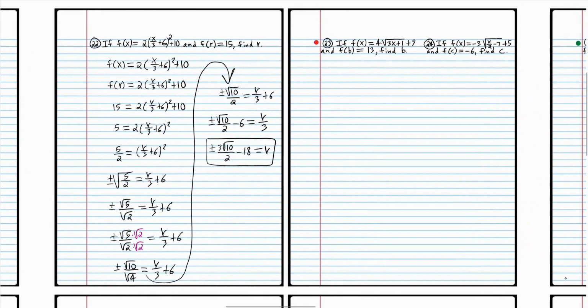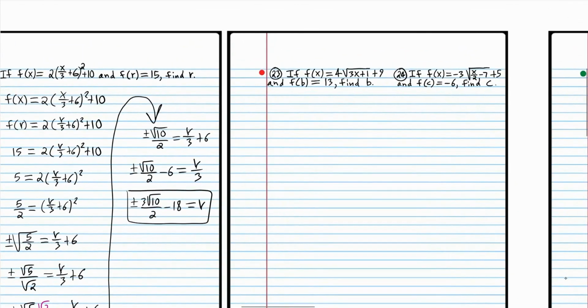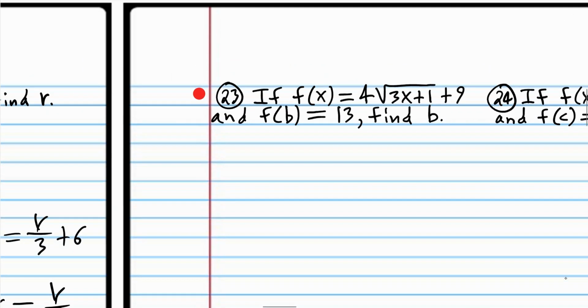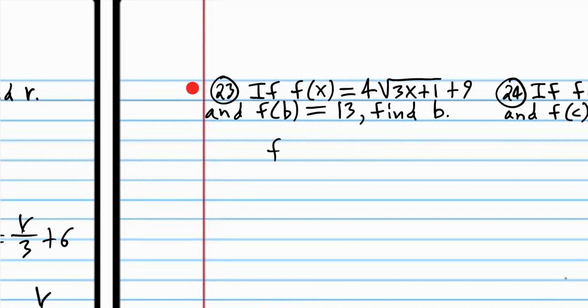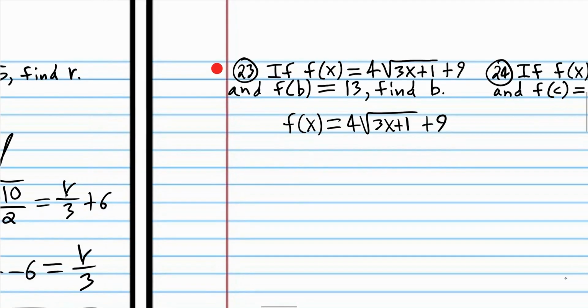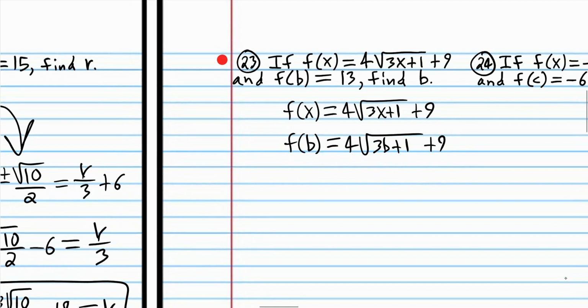Okay, so on to number 23. So just some more types of problems here. We know that f of x is equal to 4 times the square root of 3x plus 1. But if that's true, then that means that f of b must be 4 times the square root of 3b plus 1, plus 9.